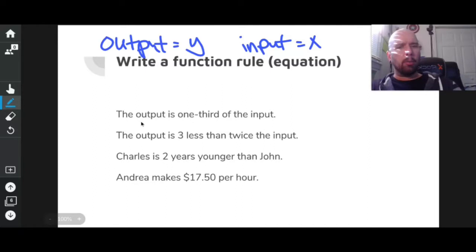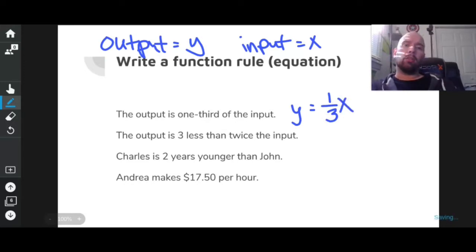Well, the output means y. Is means equals. 1/3 means 1/3. Of the input means times x, so 1/3 x. So y equals 1/3 x. Done.